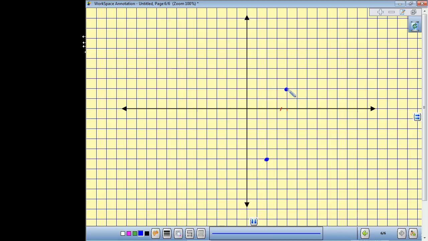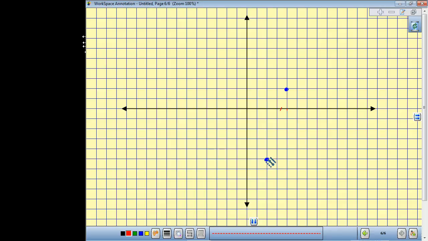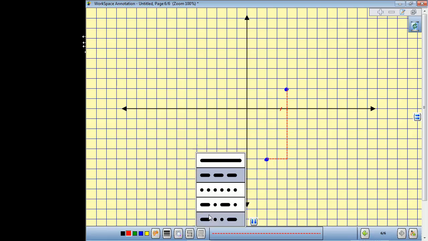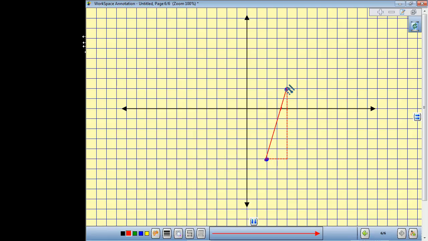So if I think about this as a vector, here to here, I go over this and up this. So as a vector, what it looks like is this. It is from there to there. That is the vector that represents that distance.